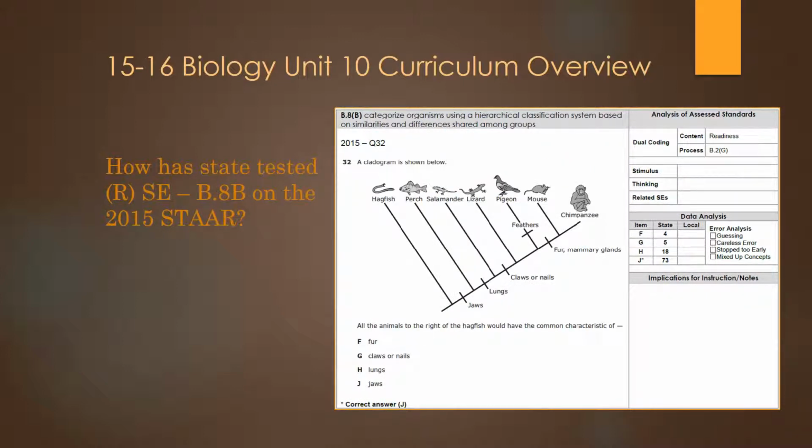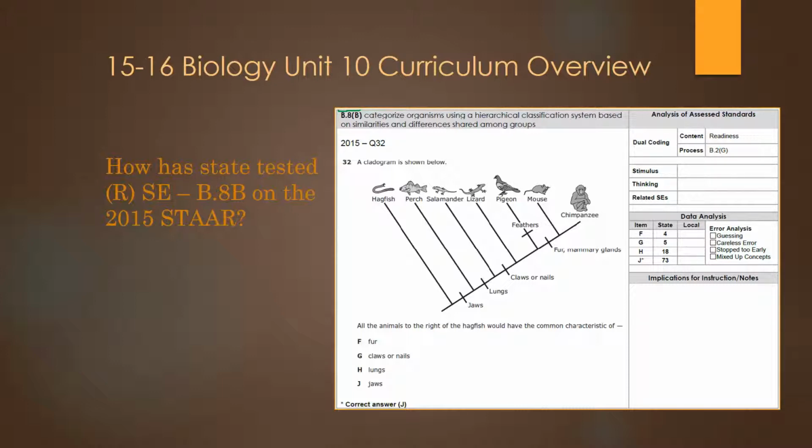As I mentioned before in the overview of the unit, we're going to be looking at cladograms throughout this unit that the students would have to understand. And so this first cladogram is B8B. I'm sorry, the SE for the cladogram is covered under B8B.